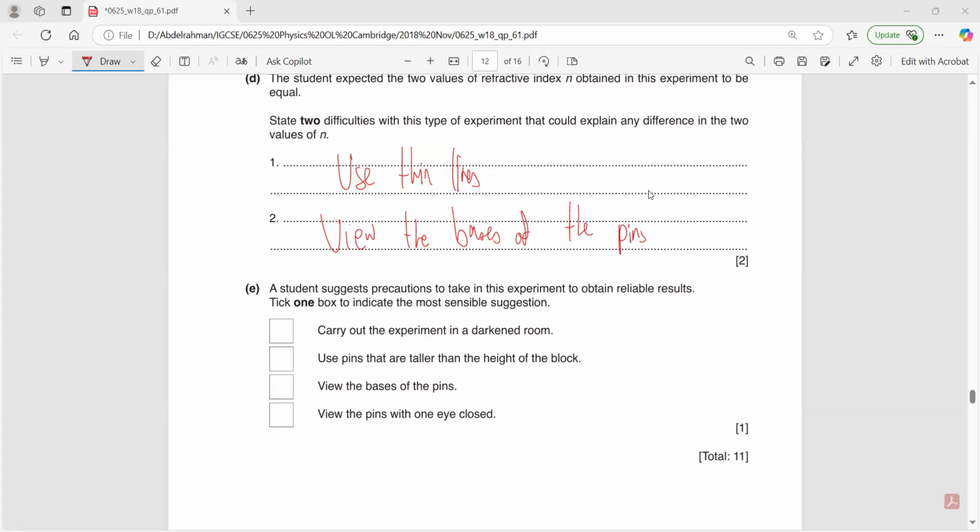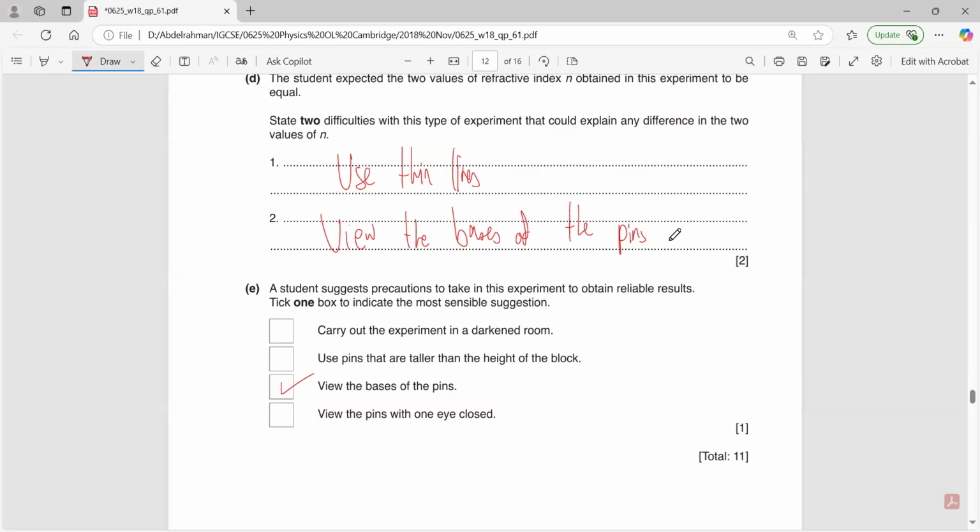It could be part of saying accurate lines. Yes, it could be right. But what is the most sensible precaution out of these four? For this experiment, the most sensible precaution would be viewing the bases of the pins.